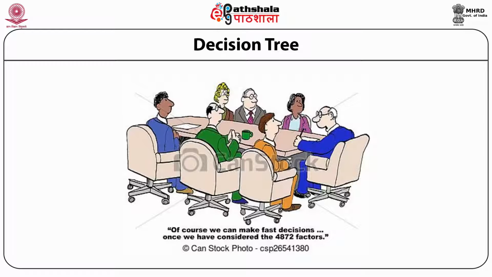But it is also necessary to consider all possible parameters and factors if we are really willing to take a correct decision. So it's a great challenge for decision makers how to handle so many parameters and dimensions for better decision making.